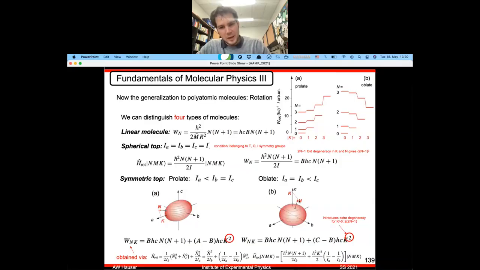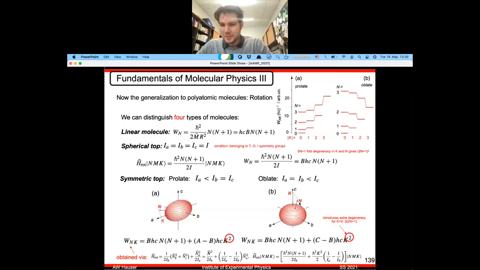And so if you look at possible projections of N onto K, onto the C-axis, then you see that for a fixed value of N, there can always be two orientations that give you the same projection onto the z-axis, namely one that goes in the same direction as the z vector and one that goes into the opposite direction, right? Because of this square that comes in here in the energy expression, it doesn't matter how it's oriented, right?